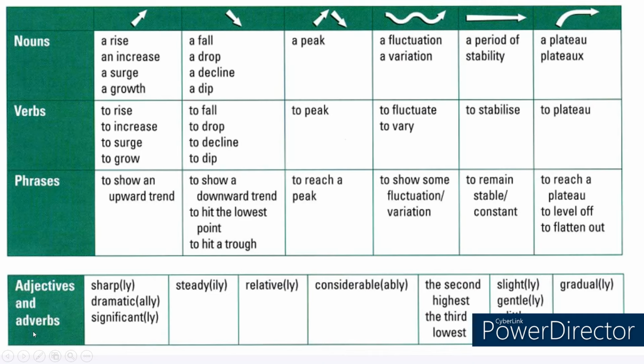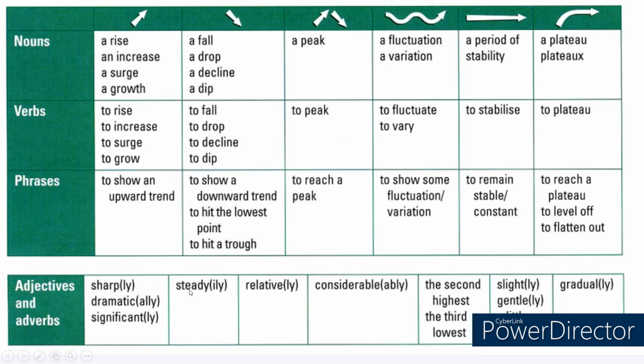Adjectives and adverbs. These adjectives and adverbs need to be used while writing. If you're describing a noun, you can use the adjective form without the ly, like sharp, dramatic, significant. If they follow a verb, you need to use the adverb form with ly: sharply, dramatically, significantly. The same for the rest.